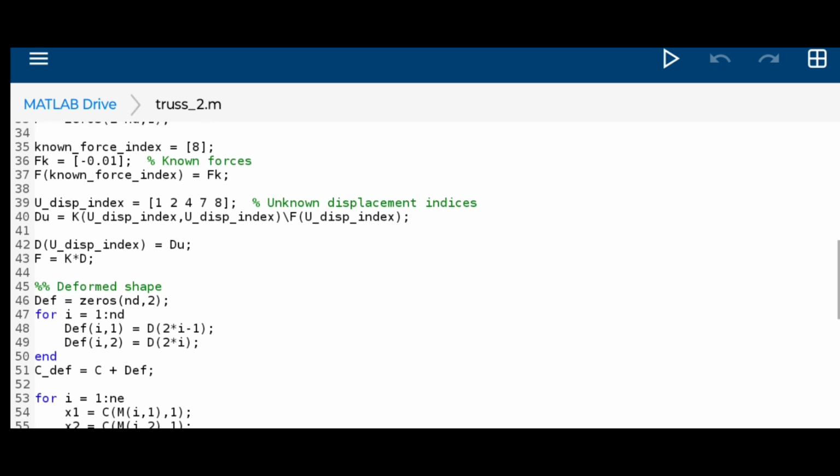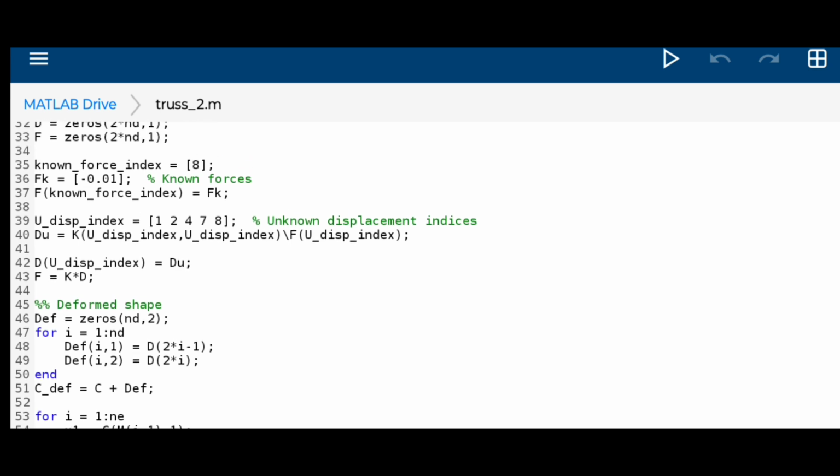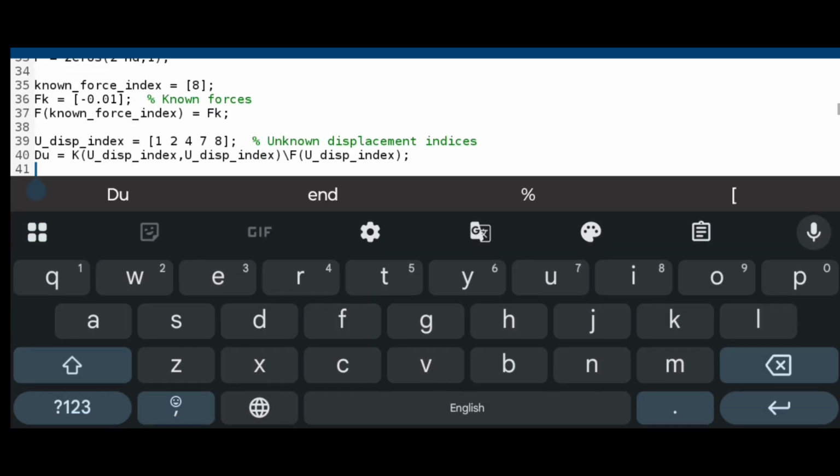After this we will solve for the displacement using K inverse.